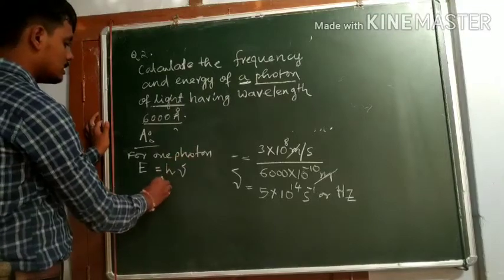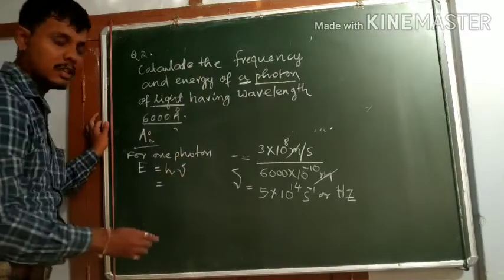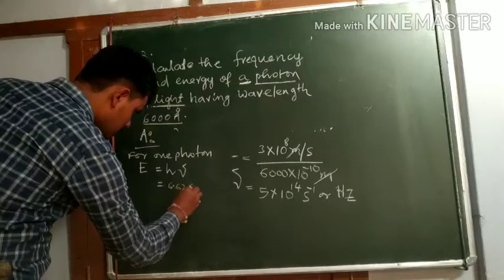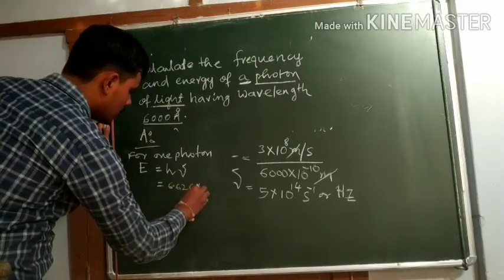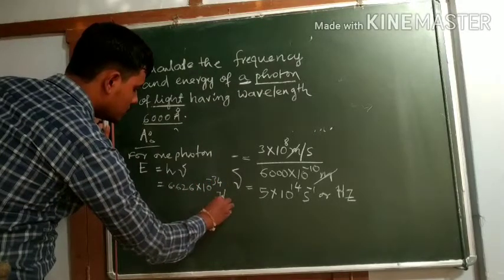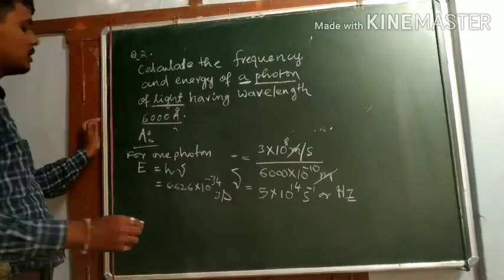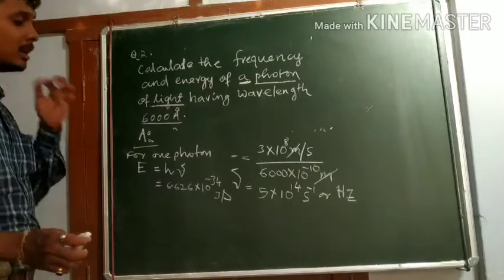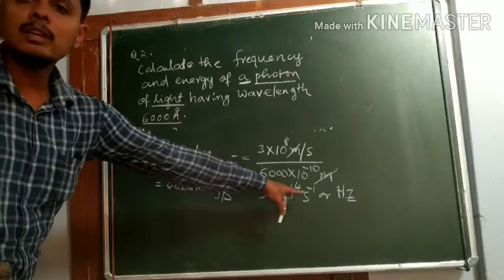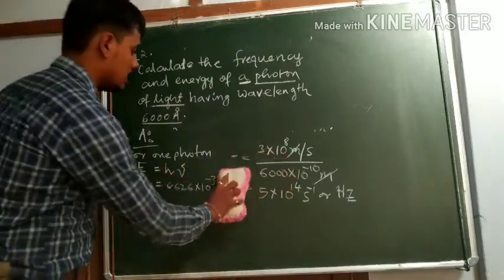Where h is the Planck's constant, so h is 6.626 into 10 to the power minus 34 joule second, into nu. So nu is 5 into 10 to the power 14 per second.